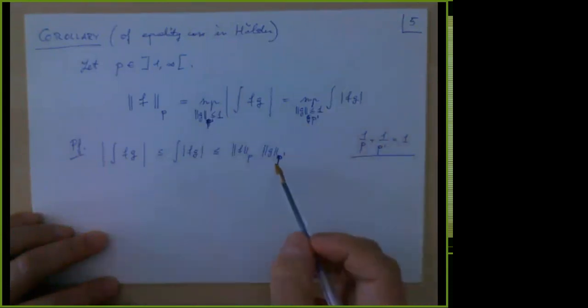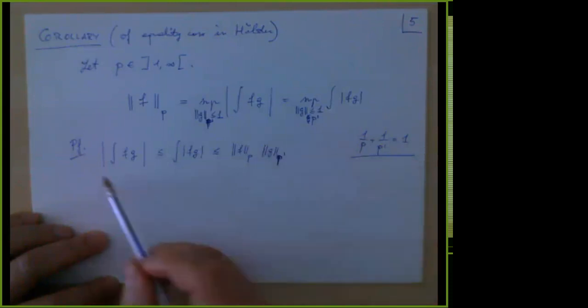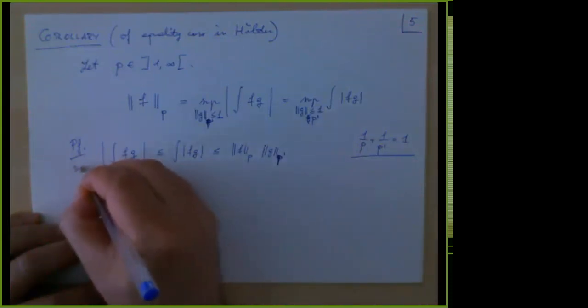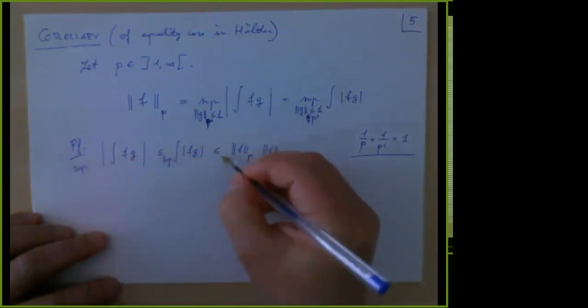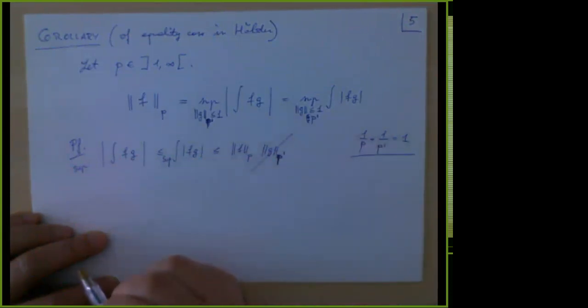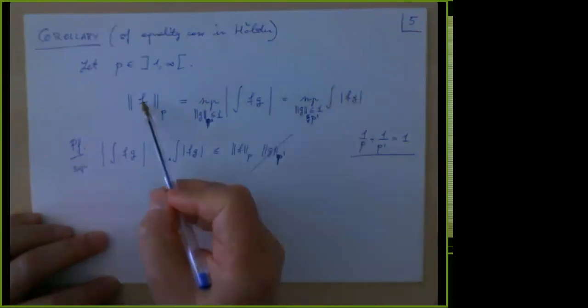But if we take the supremum over all the functions g such that this ‖g‖_p' is less than 1, then clearly we have the supremum on this side, supremum on this side, and we take the supremum here, this can be eliminated, right? So we have proved that this is less than this is less than this.